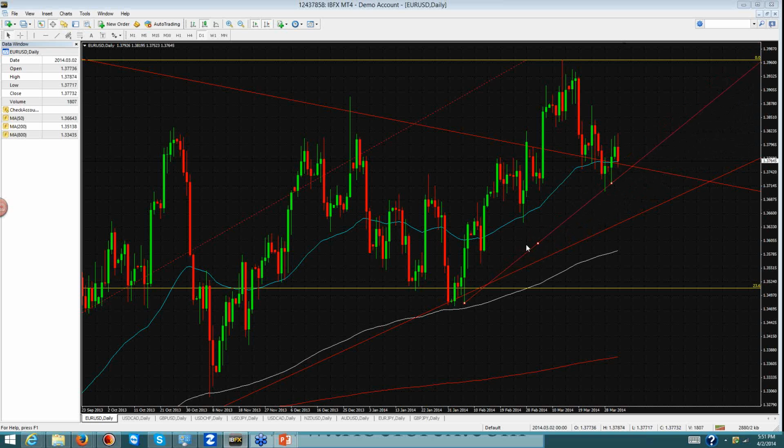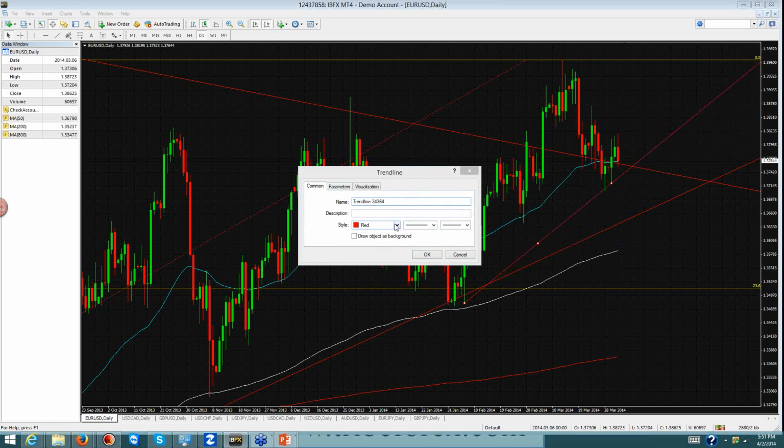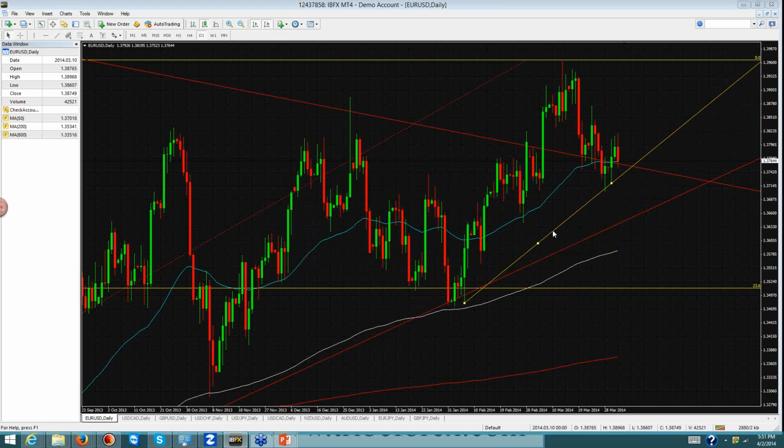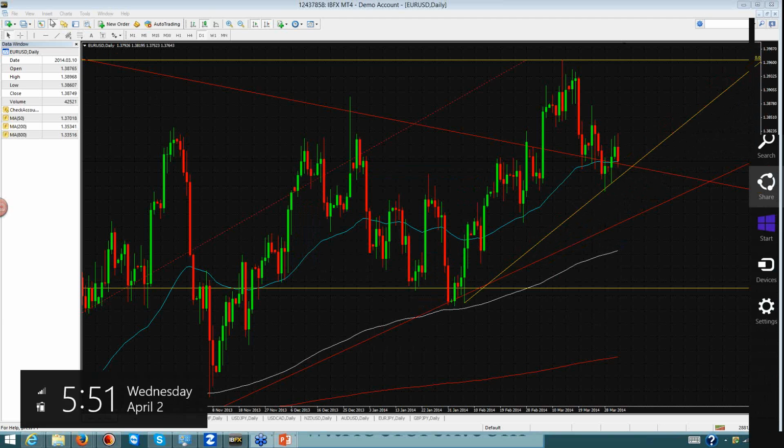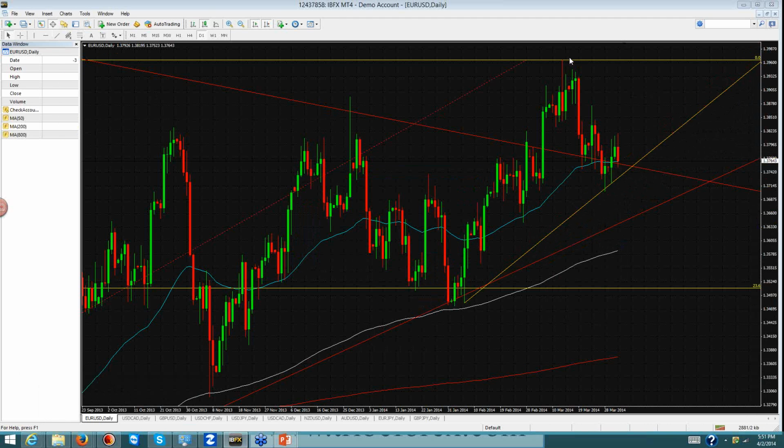This is our flag. This is the lower end of our flag. I'm going to change the color so that we can distinguish it. And then here's the upper zone of our flag as well. It's not a very clear flag, but there's definitely a flag formation there.